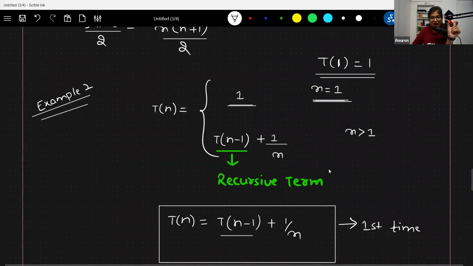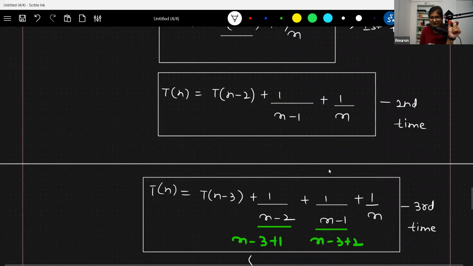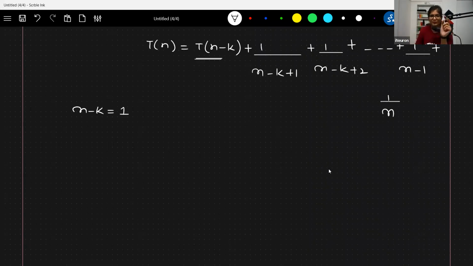Perfect. So now I know that when the value of n minus k is equal to 1, I will be able to reach a point where I will be able to get rid of this t term. So what will be the value of k according to this? The value of k will be equal to n minus 1, right? So now I will place this value of k as n minus 1 in my equation.